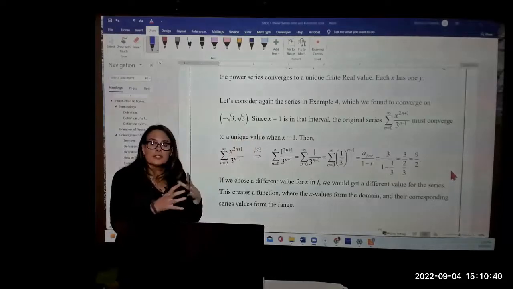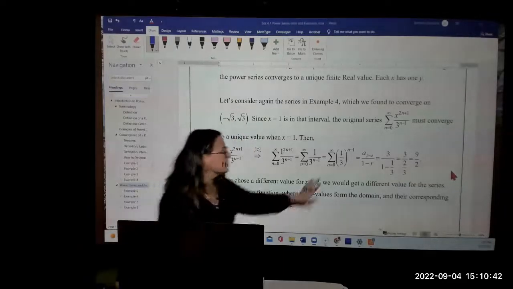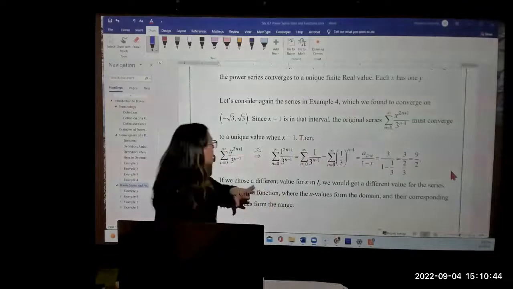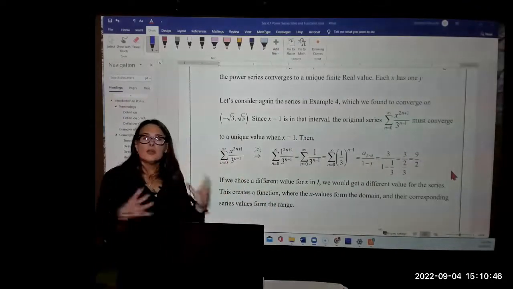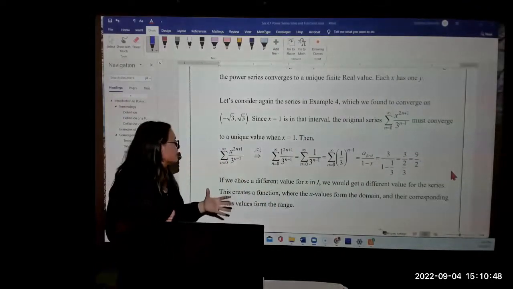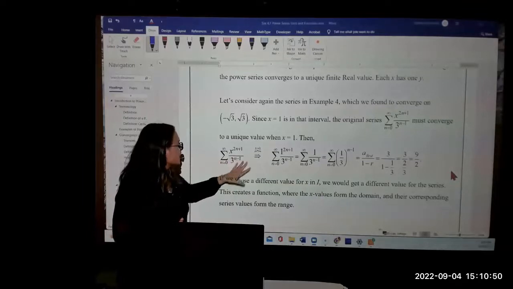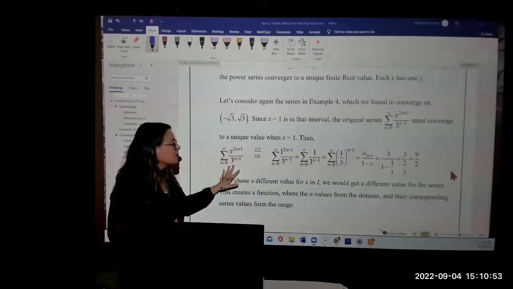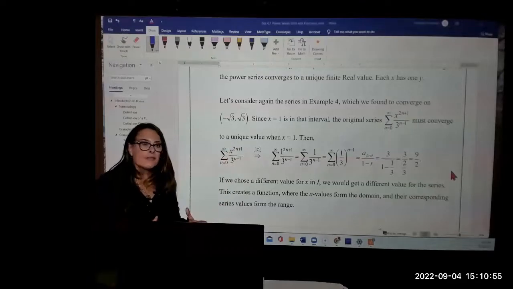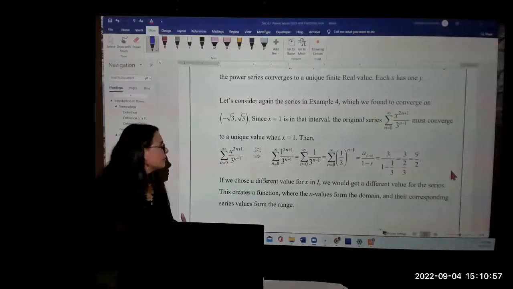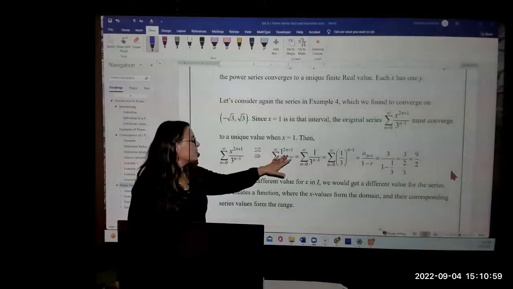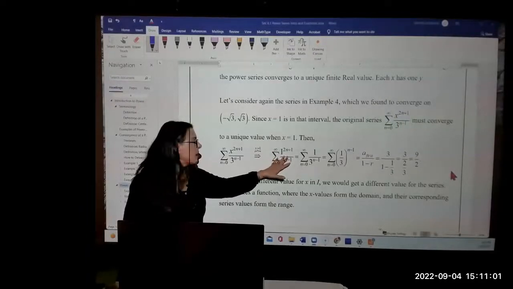So if I were to take the original power series, which we've represented here, it must converge to some unique value when x is 1. So what I've done is I've taken the original power series and I'm taking an x value in that interval of convergence and I'm substituting it in place of the variable x.